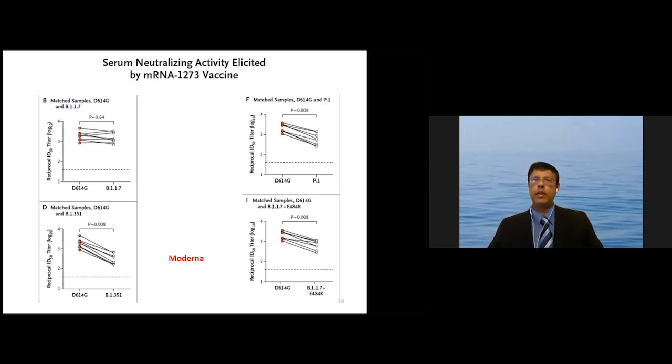Similarly, with the Moderna vaccine, there was a reduction in neutralization. However, the important aspect is, because these vaccines are so good, the level of neutralizing antibodies was so high that even with the reduction, they were still effective in reducing severe disease, mortality, and that's deaths, hospital care, or ITU care.